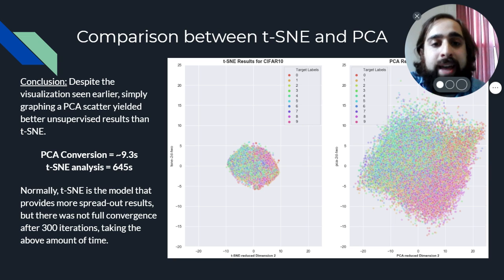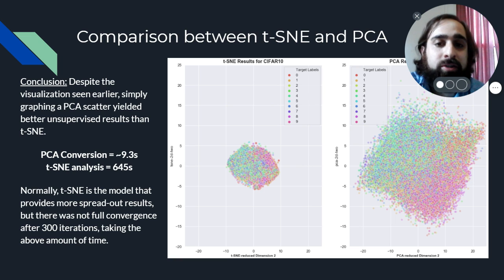And the reason why this is the case is simply because I didn't give it enough iterations for TSNE to run its course. You'll see in the text on the left that I use the hyperparameter max iter to limit it to only 300 iterations. And even with only 300, it still took 645 seconds, well over 5 minutes to produce that.